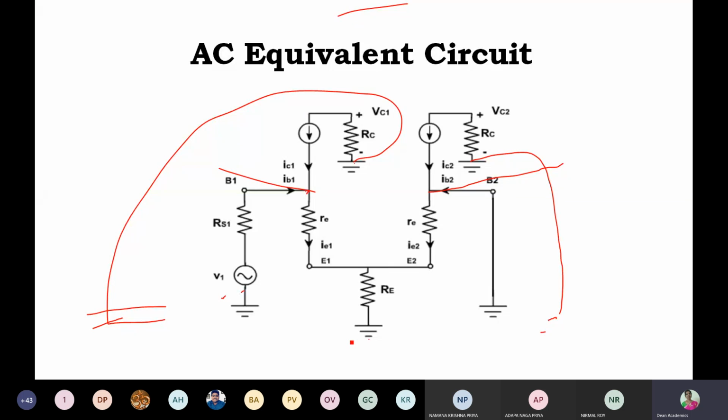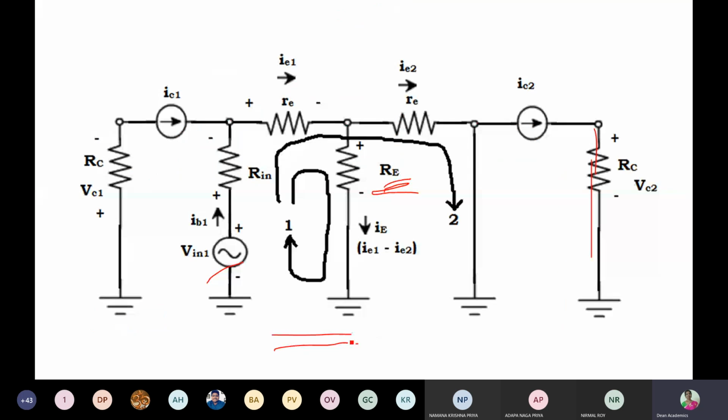If you draw it like this, it will be very easy for us to write Kirchhoff's voltage law for loop 1 and loop 2. After writing KVL we get two loops, two equations, and two currents IE1 and IE2.